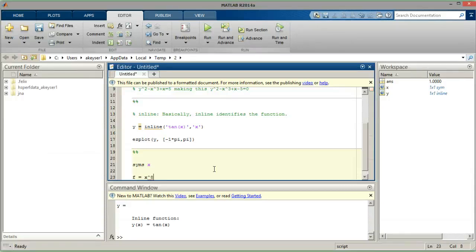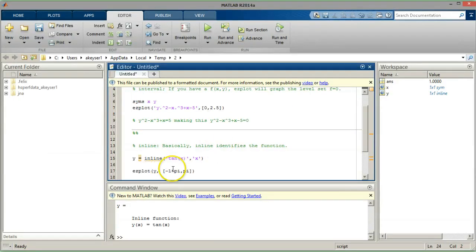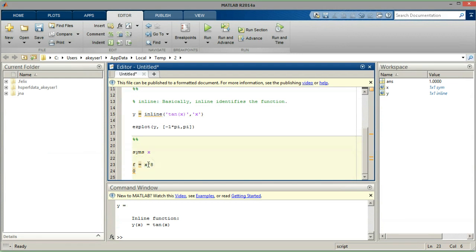Or no, let me put to the 8th. And then don't forget your dot here. And then I want g equals 4 to the x. Okay, 4 to the x. And well, these are my two functions.